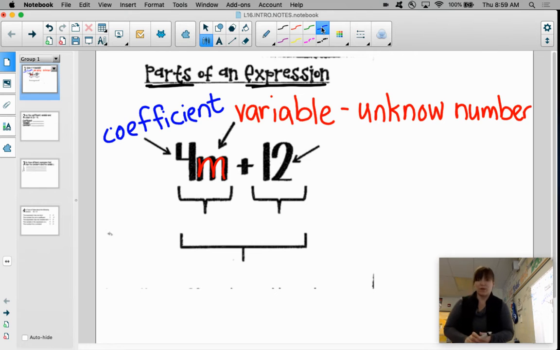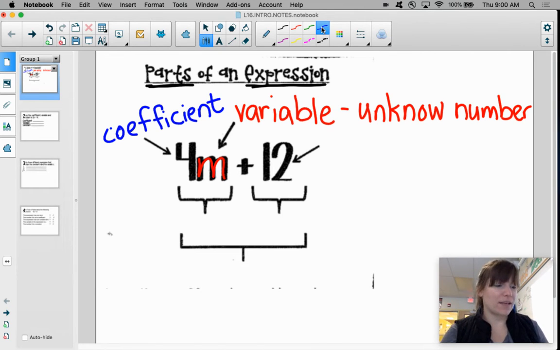Coefficient is the number that is sitting to the left of a variable. It's the number that is a factor of a variable term. Now, I just said a lot of new words here.